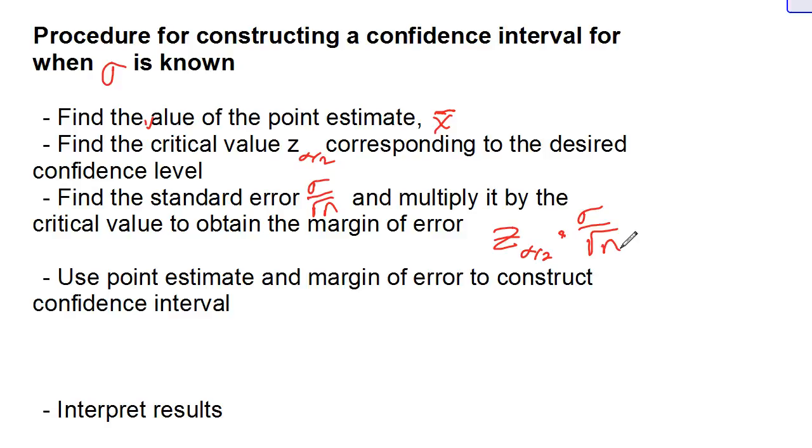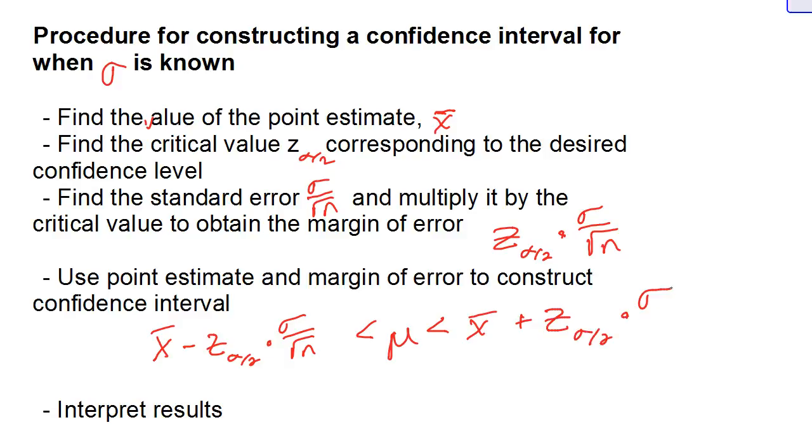We want to use the point estimate and the margin of error to construct our confidence interval by saying x bar minus z alpha divided by 2 times sigma divided by the square root of n is less than the population mean, which is then less than x bar plus z alpha divided by 2 times sigma divided by the square root of n.